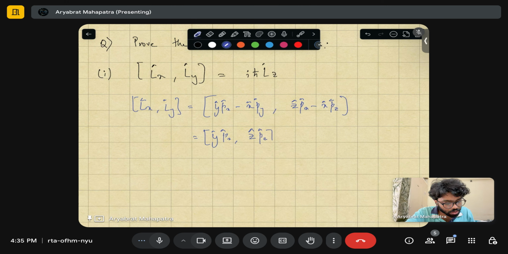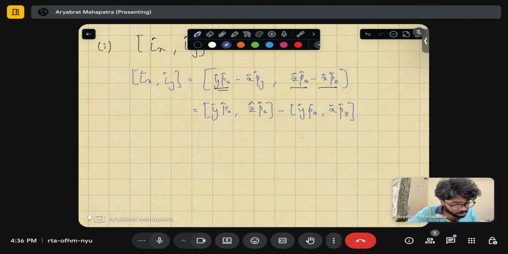To evaluate this commutator, you first take this and this, then this and this, to take minus of YPX, then XPZ.